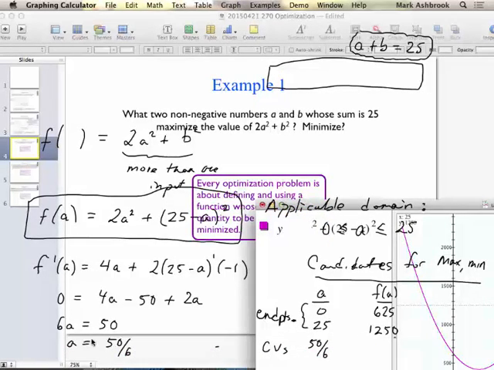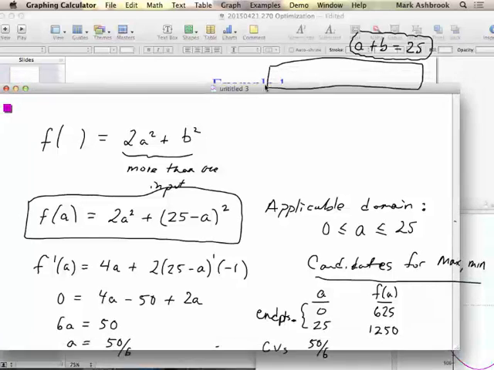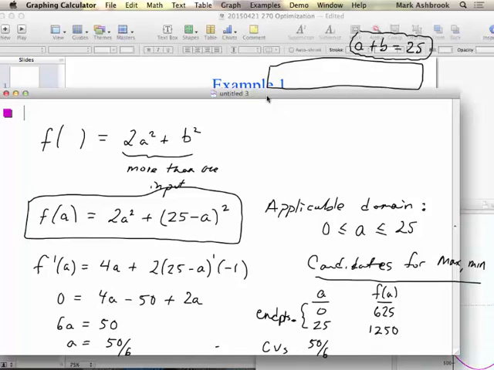And we think graphing calculator, right? So here's the way to do this. F of A equals 2A squared plus 25 minus A squared.